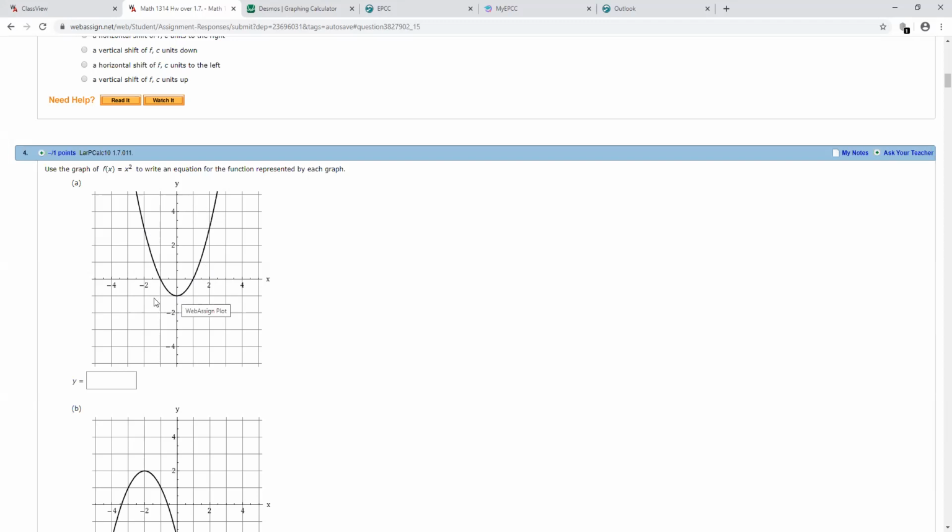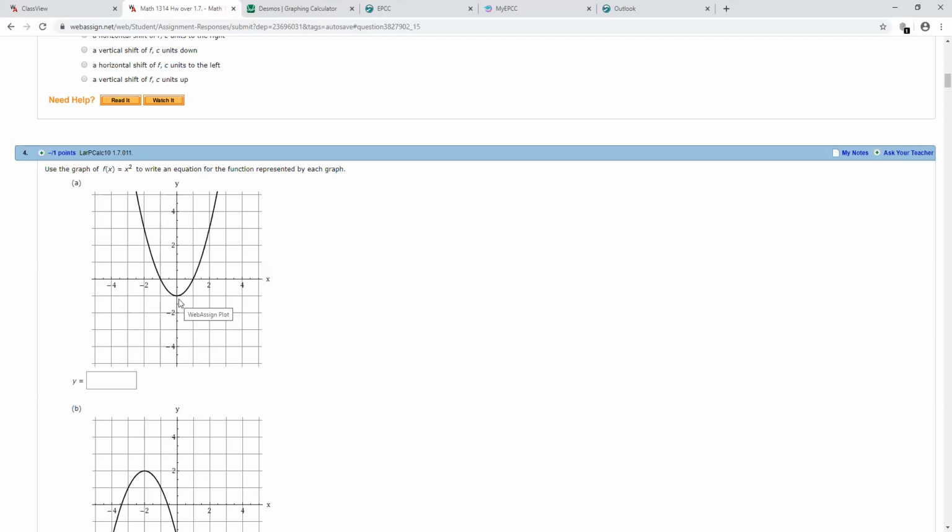So that means the rigidity, the base shape of the parabola has not been changed. It hasn't been dilated. So there's no horizontal shrink or stretch or vertical shrink or stretch, which means no multiplication of a number inside the x or outside of the whole function.